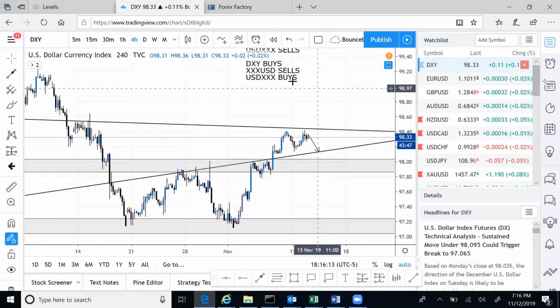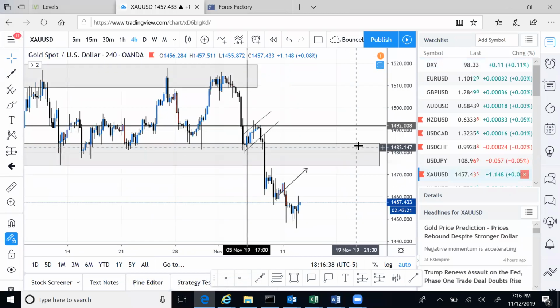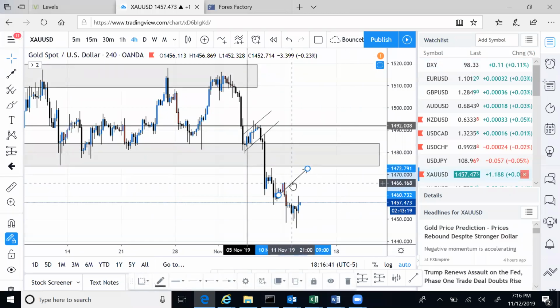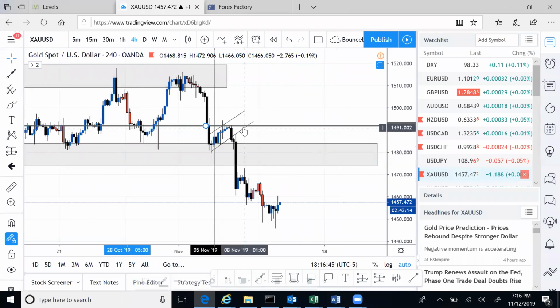Then based on our notes, if we're looking for this to sell, anything that is XXX USD, we're expecting to buy. So let's look at that now. Let's start with gold, because I know a lot of you guys love gold.